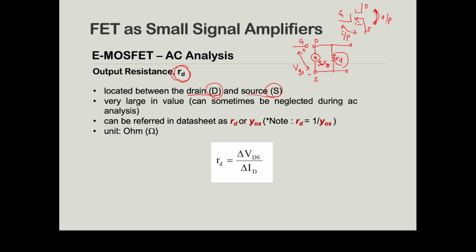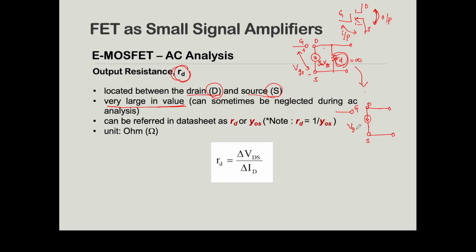Usually it is very large in value. As we have learned in BJT, if the value of rd is very large, for example infinity, it will become an open circuit. So of course current cannot pass through this resistor. If the value is very large, your hybrid pi model will be as such. This is your transconductance, this is your drain, and this is your source.